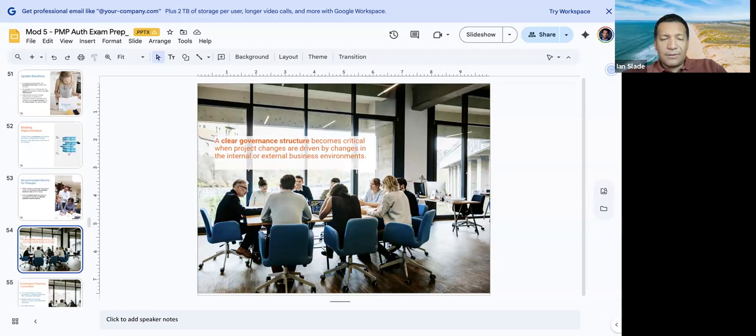One of the hardest things to do, especially for really big organizations, is to create a governance structure. And we talked about this a little bit before, but creating the squares and the lines and putting in the names is one thing.